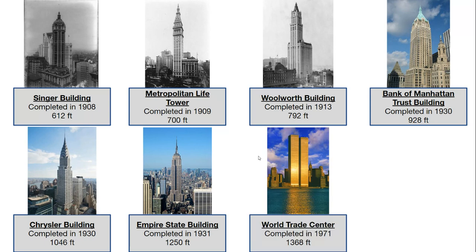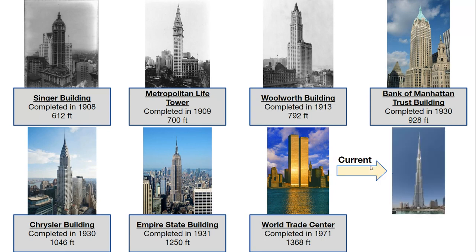It took until 1971, when the World Trade Center was built, for it to be surpassed as the tallest building in the world. And if you fast forward to present time, the tallest building in the world right now is the Burj Khalifa in Dubai, completed in 2010 and standing at about half a mile tall, which is definitely insane.